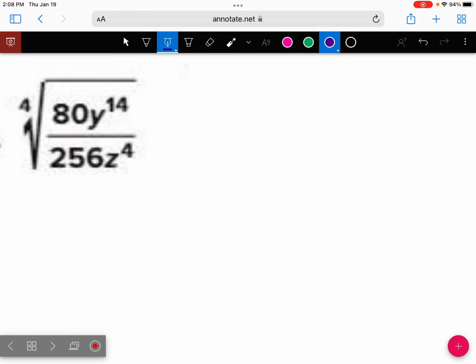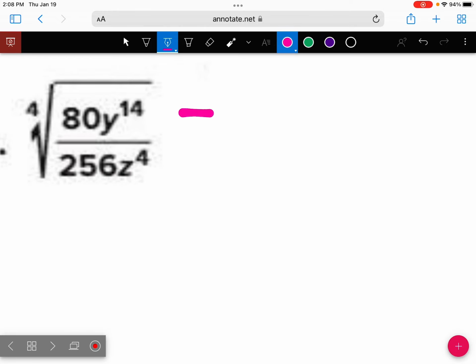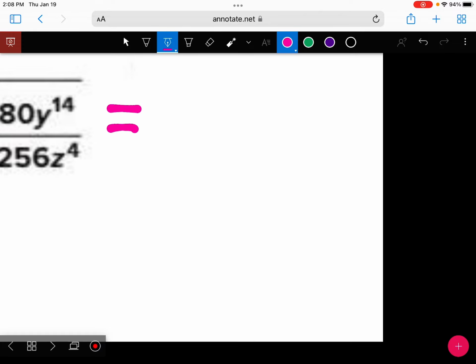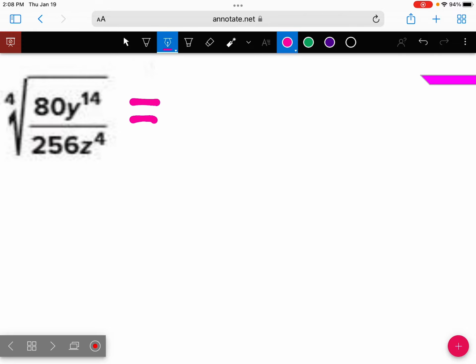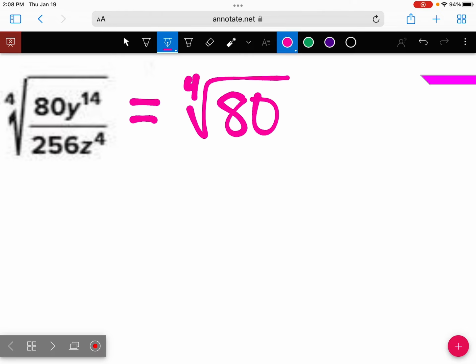What's our first step? Separate it. Yep. In this case, we've got 4 different pieces. We've got 80, we've got y, 256, and we've got z.